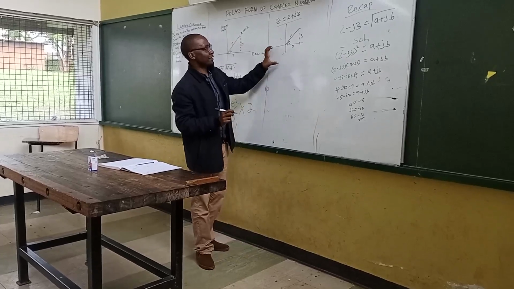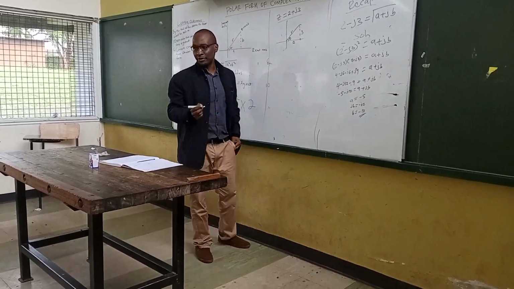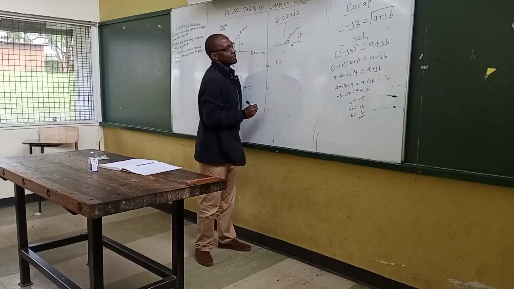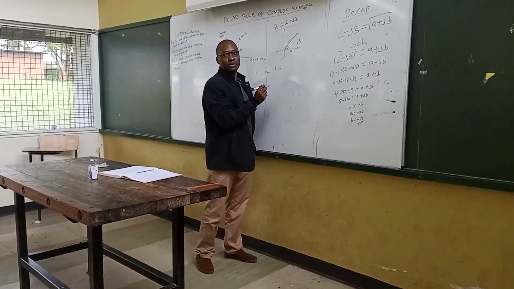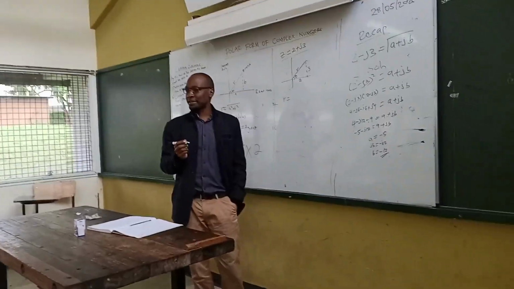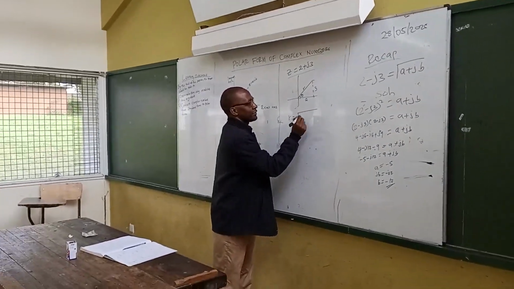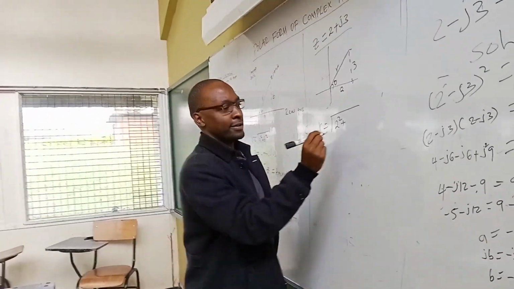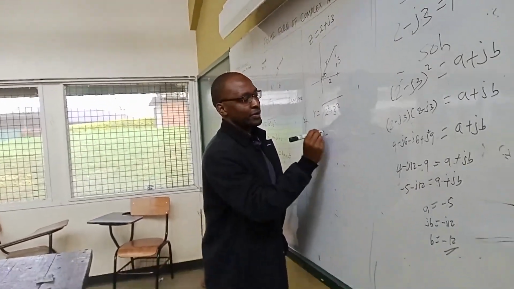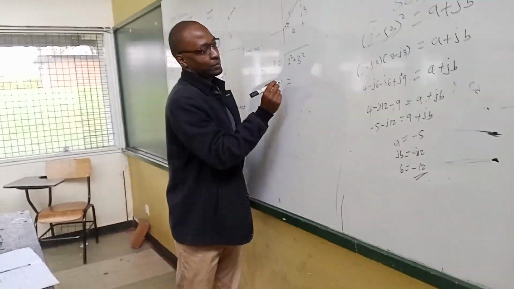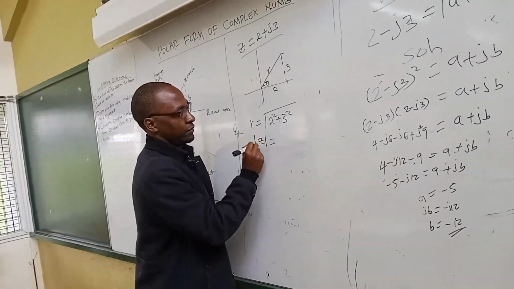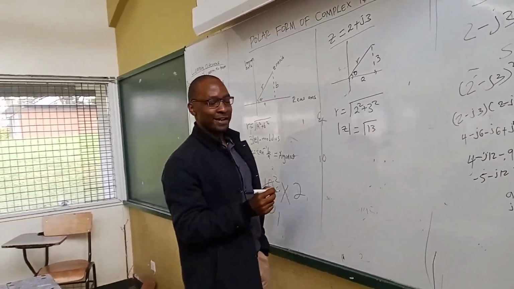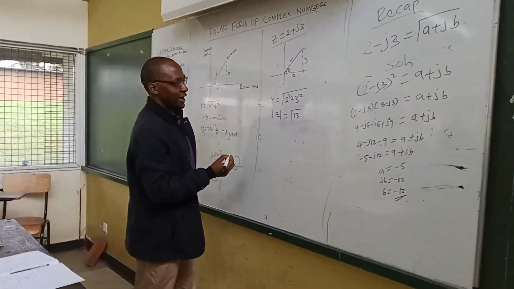So when you are asked to find the modulus, how will you go about it? The modulus will be equal to, let's move together please, the square root of 2 squared plus 3 squared, which will give us the square root of 13.